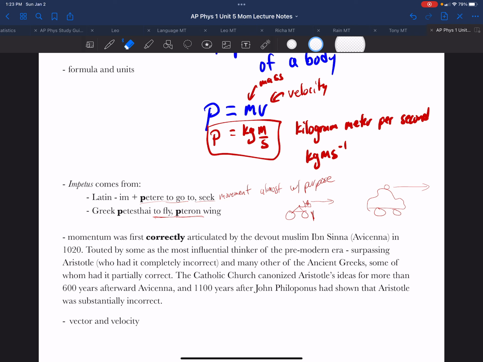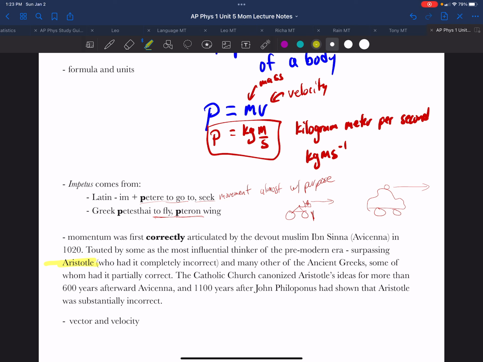For more than 600 years after Avicenna, and more than 1,100 years overall, the Catholic Church put all its eggs in the basket of Aristotle. In fact, this is part of the famous disagreement between Galileo and the Catholic Church, because Galileo dared to say that Aristotle was wrong.